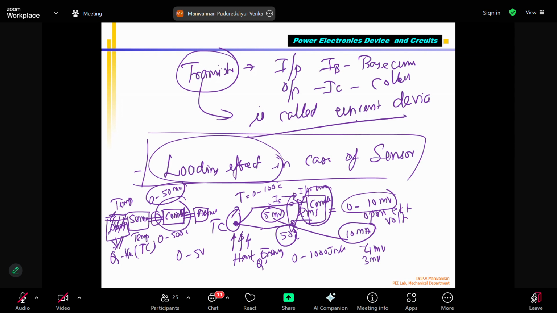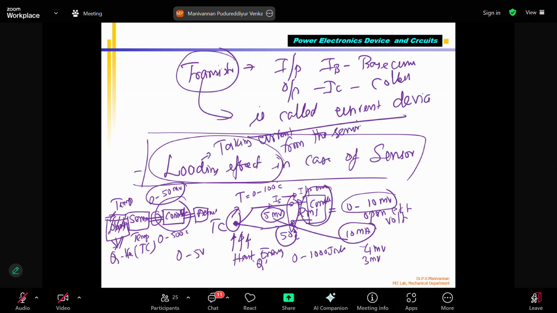Strain gauge, correct? 4-arm strain gauge, half-arm this one. So there also, if you try to take current from this strain gauge bridge, then the voltage produced will become less. So basically what is the loading effect? Note down: taking current from the sensor by any electronic circuit, control circuit, all those things.